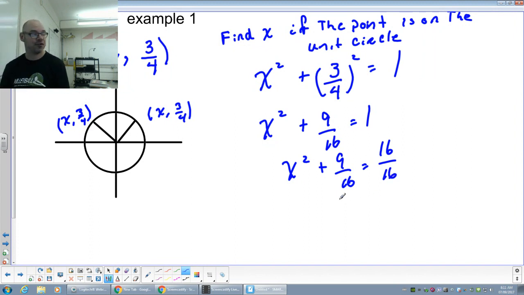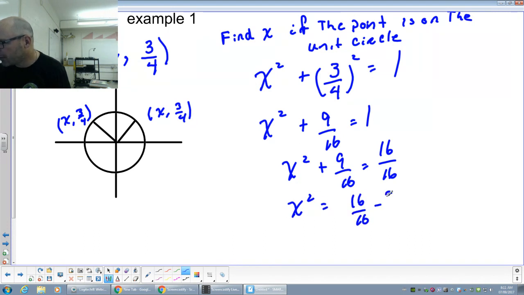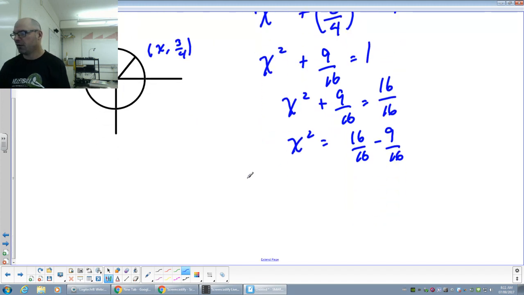Now we can just use the fractions to get our answer. x squared is equal to 16 over 16 minus 9 over 16. So 16 minus 9 gives us 7 over 16.